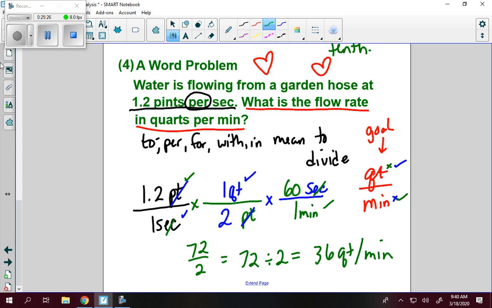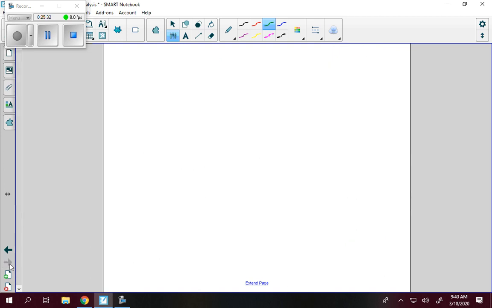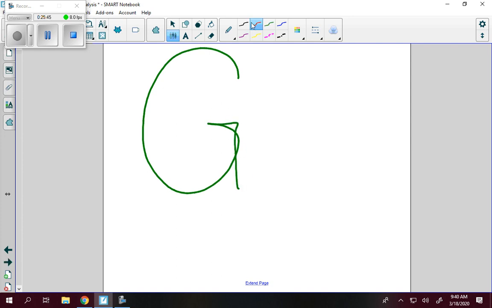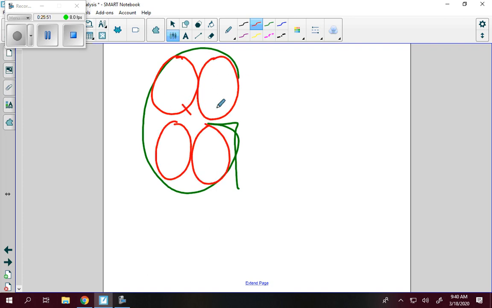All right. So you should be given a conversion sheet to memorize. And an easy way to memorize these conversions, let me just share with you real quick. One way to memorize it is the G-man. There's my G-man. Hey, G-man. I can fit 4 Q's in a G because there are 4 quarts per gallon.